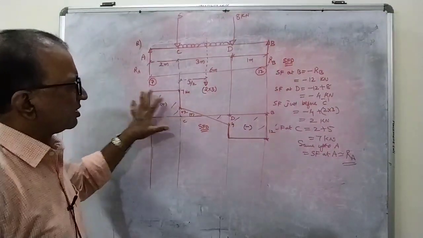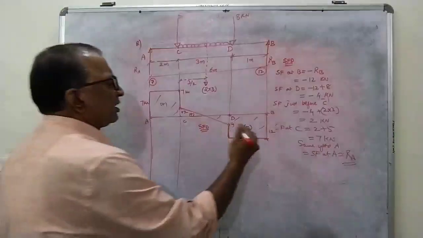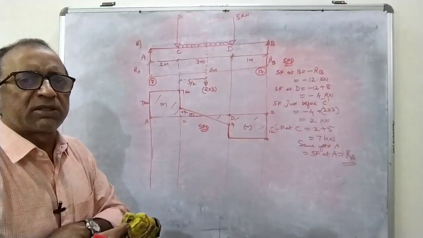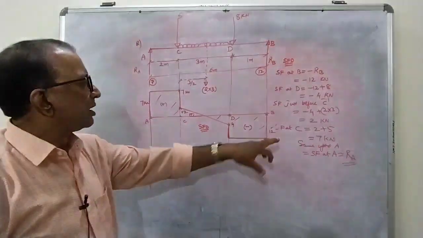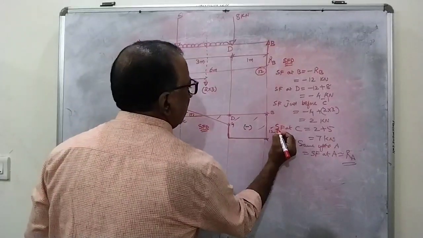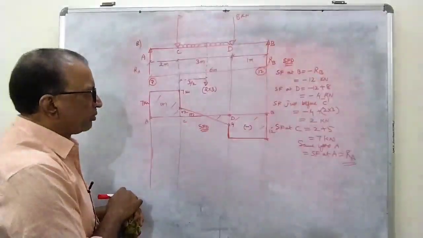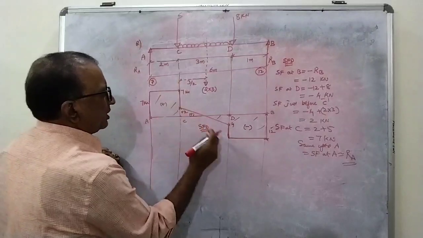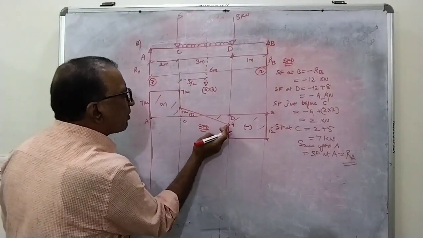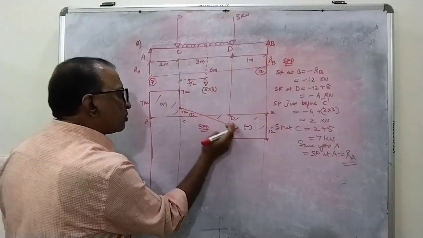So out of this, the maximum shear force is being seen at B. That's what I wrote you in the beginning. While calculating the support reactions, the maximum shear force is nothing but RB value, 12 kilonewtons. Now here you are coming across one very important, salient point. That point is the shear force in between C and D, it is changing from minus to plus or plus to minus.